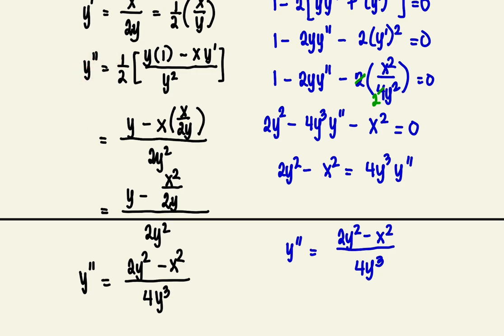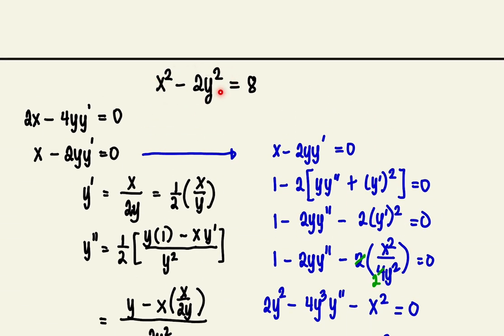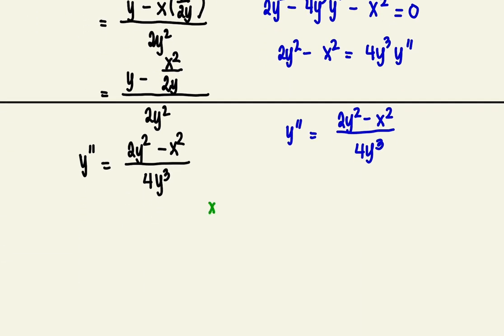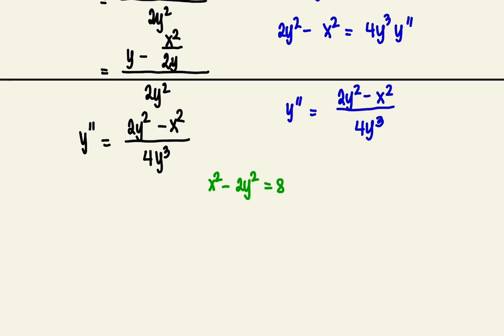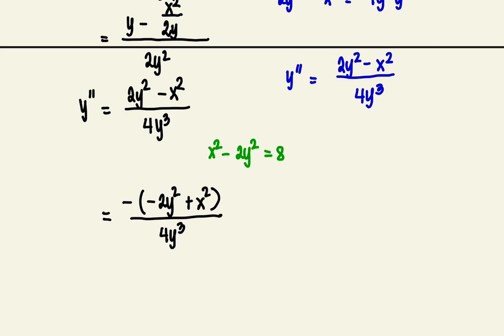which is the same answer as the explicit form. But if you notice, this answer right here is the reverse of our given. So our given is x squared minus 2y squared equals 8. So if we factor out the negative sign from our answer, that would be negative 2y squared plus x squared over 4y cubed.